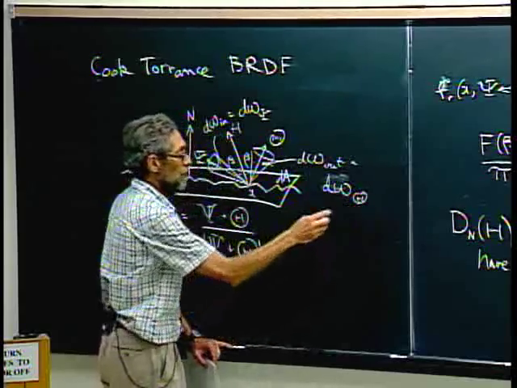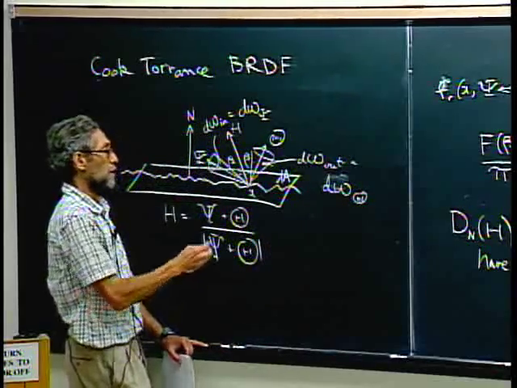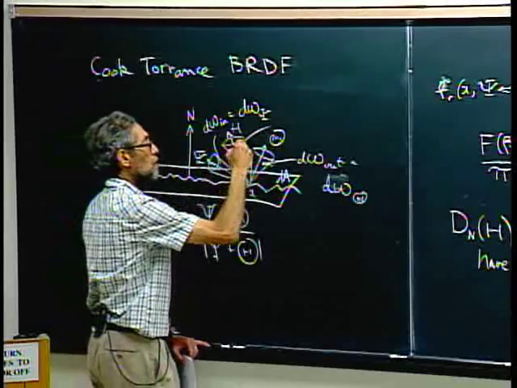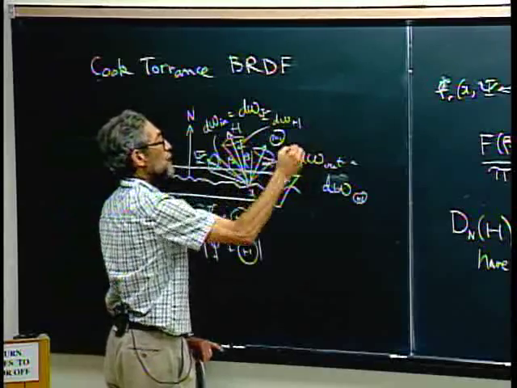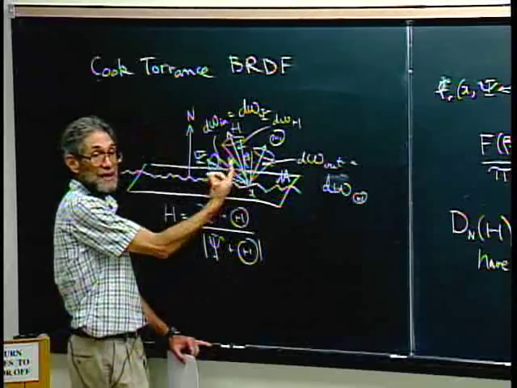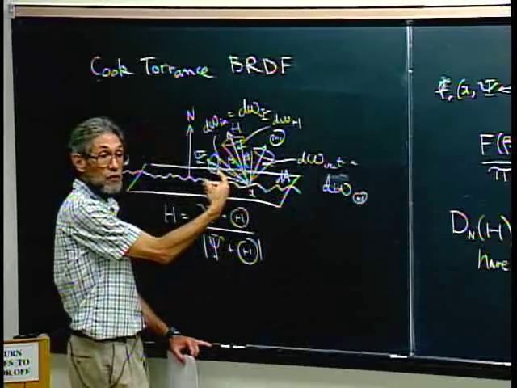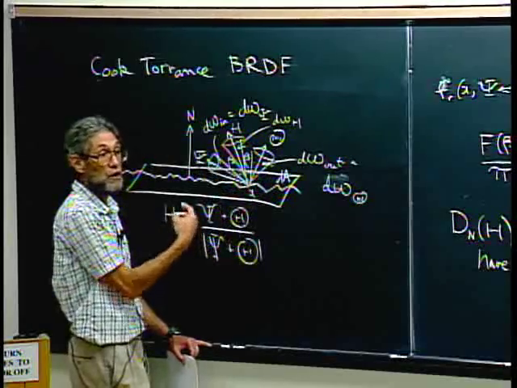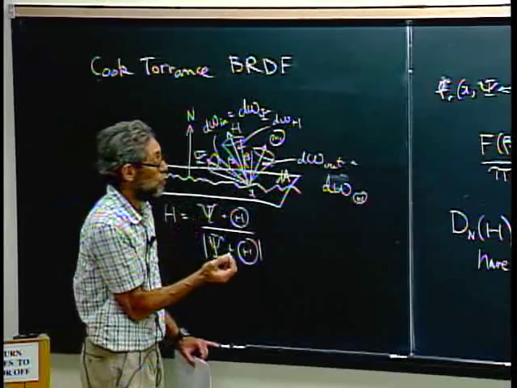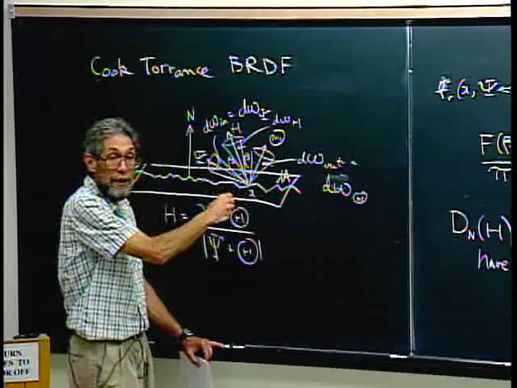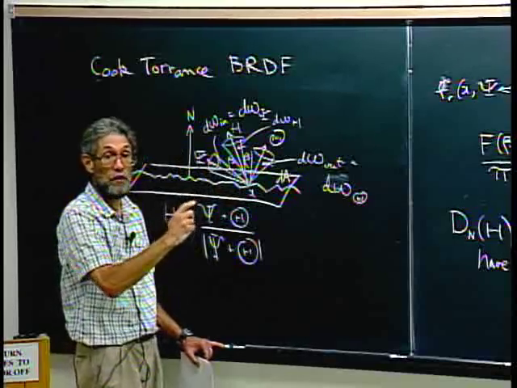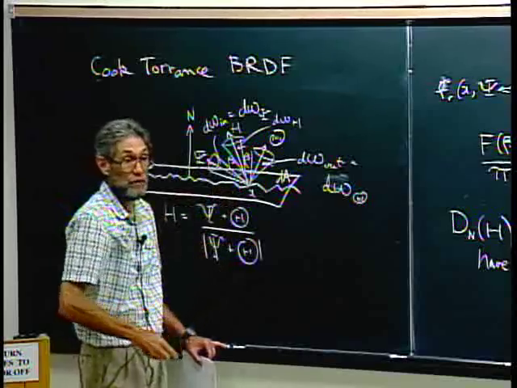So we really have three little cones of solid angle here. The h can vary. It's got its own d omega h that we have to put in to account for the fact that this facet density is also a distribution function of solid angle that you have to integrate d omega to actually get a finite number out of. Because we're going to assume the facets are randomly oriented. It's not like all the facets are in a single direction, in which case that would be a delta function. But it's a sort of a random rough surface.